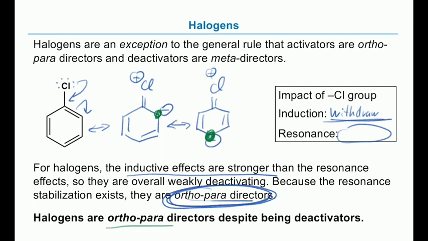So in general, we bin halogens as ortho-para directors, but they are also deactivators. So this is where you've got a tipping point. In general, donating groups are going to be activators. That is true of things like O-methyl, of things like alkyl groups. Withdrawing groups are deactivators. Nitro, positively charged groups. Those are universal.